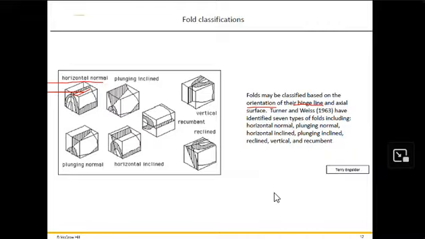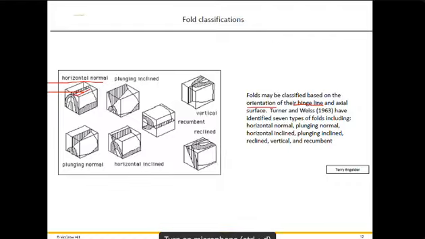So this is an upright standing fold. Horizontal normal. Axial plane is horizontal. Hinge line is normal. Are we still on the same page?